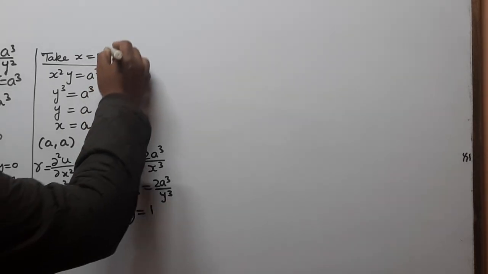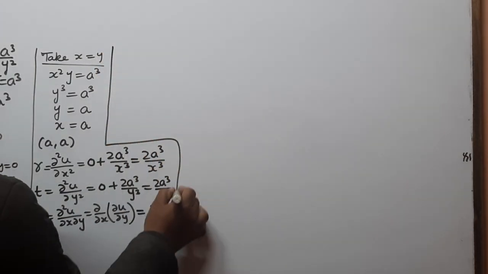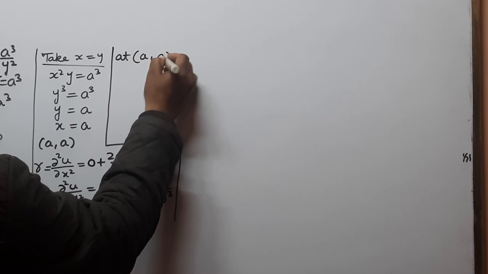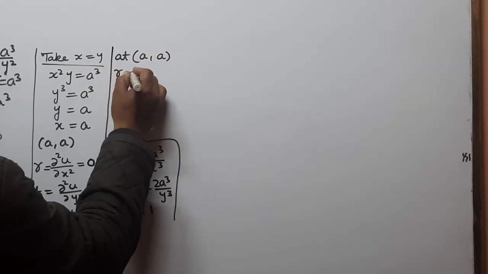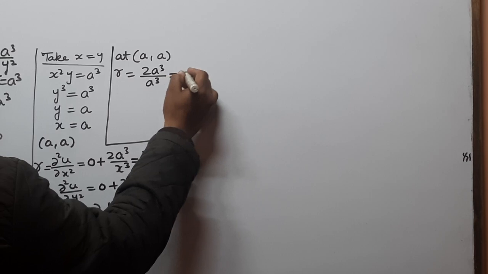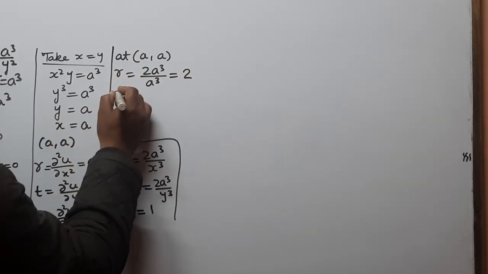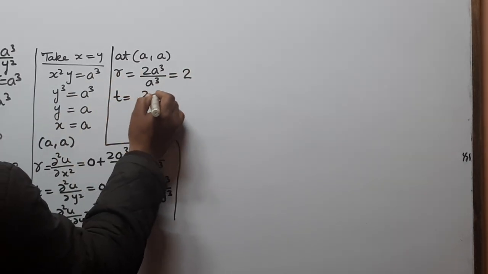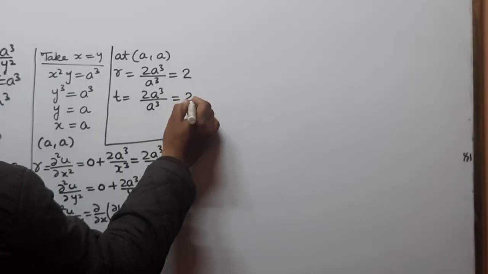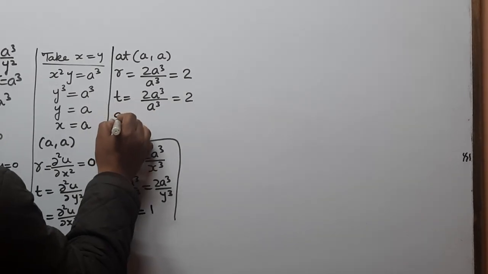Now we find the values of r, s, t at the point (a, a). So r is equal to 2a cube divided by a cube, which gives 2. t is equal to 2a cube divided by a cube, which is also 2, and s is 1.